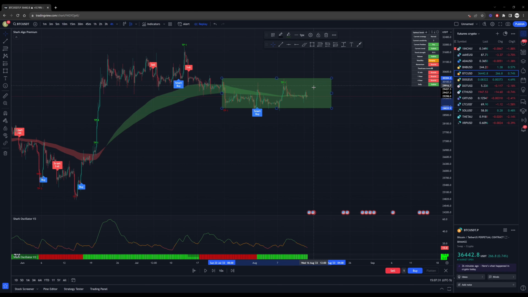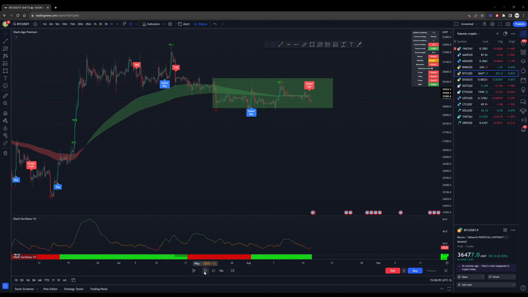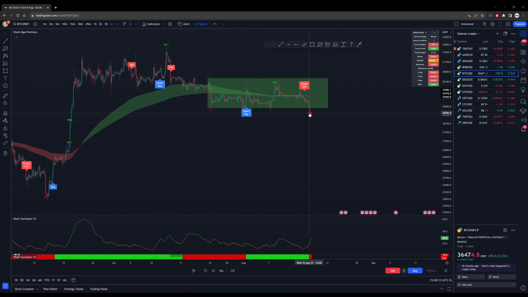Next, we want to wait for a signal to happen, and we want to see the price break above or below this area of consolidation that we just drew on the chart. So now we got a signal inside of this box, but we want to see the price break this box over here. So when I enter a short position, your stop loss you want to be behind the last swing high or above the box itself, where the range is.